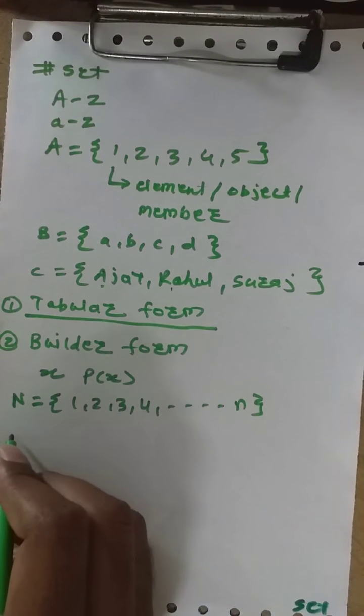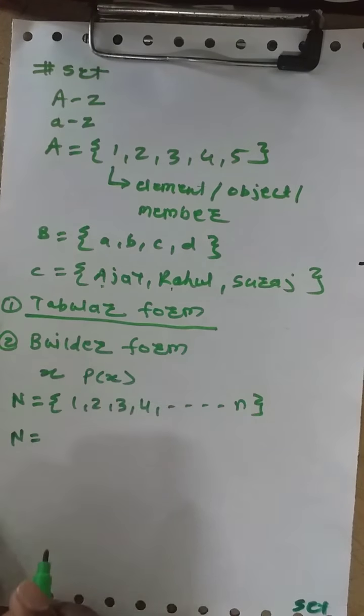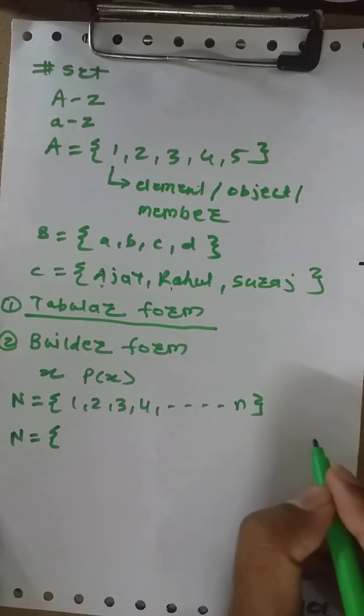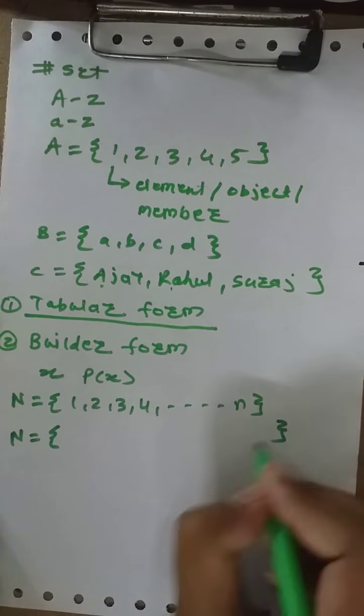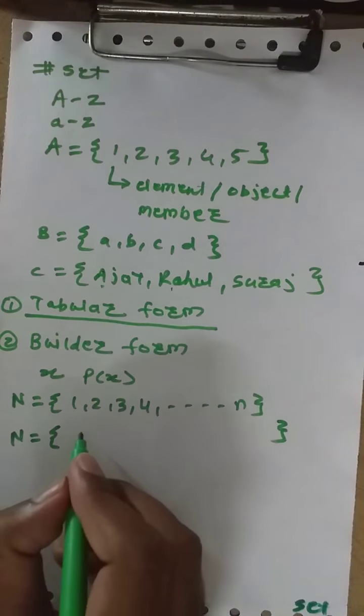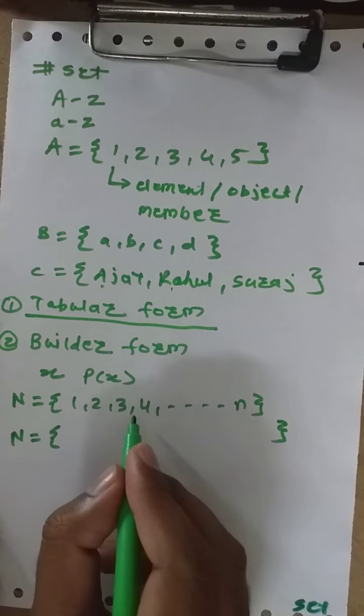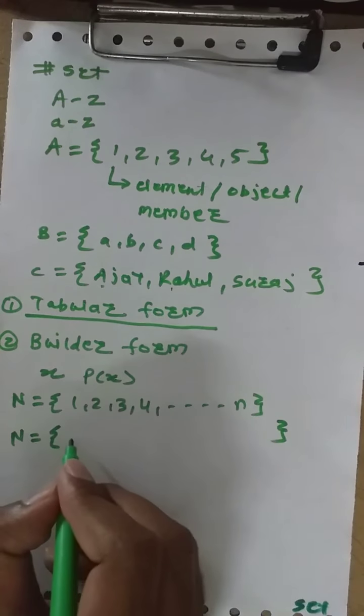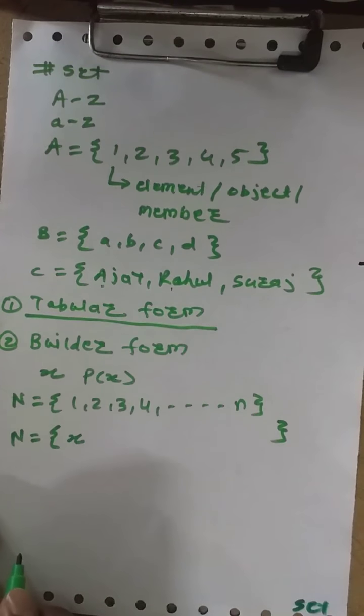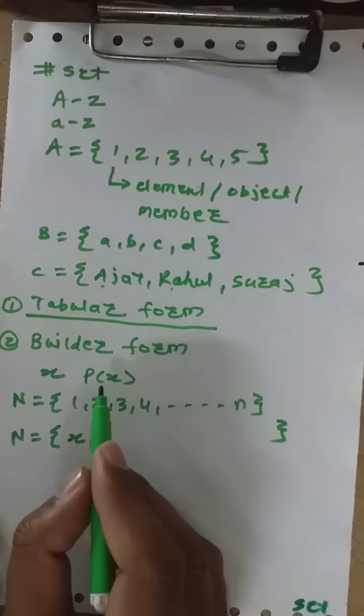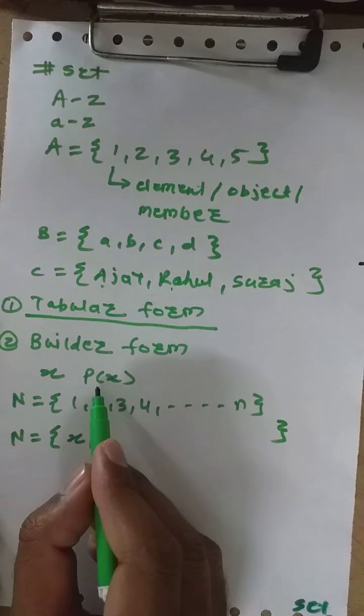Now in builder form, N is equal to opening brace, closing brace, and consider these 1, 2, 3, 4 up to n as x, then a vertical line, that is such that, and the property of that x.